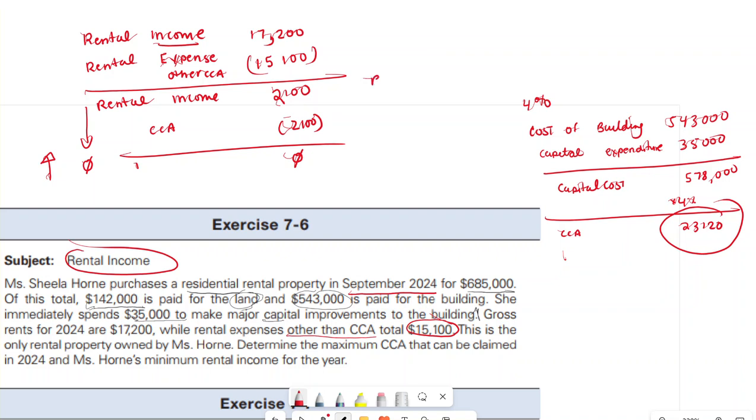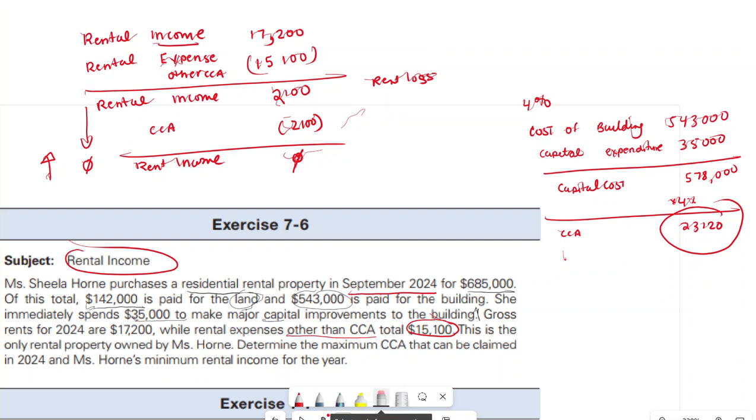CCA cannot be used to create or increase a rental loss. If you have a rental income, you can reduce your rental income to zero, but we cannot have a rental loss with the CCA. So in this case, we will not pay any taxes because my rental income for the year 2024 will be zero.